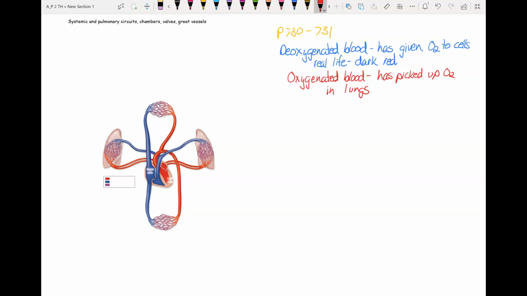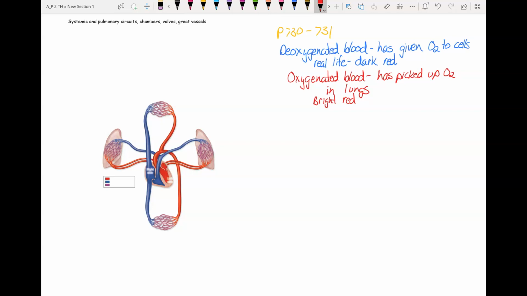So again, your oxygen's never zero. There's always oxygen in your blood. It can be higher or it can be lower. And your blood is never blue. It's either dark red if it has low oxygen, and oxygenated blood is bright red. So oxygen does increase the redness of the blood, the more oxygen in your blood, the brighter red it is.